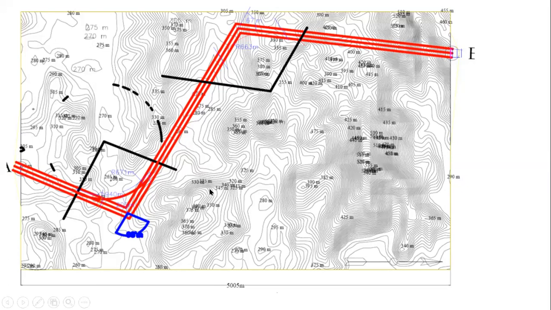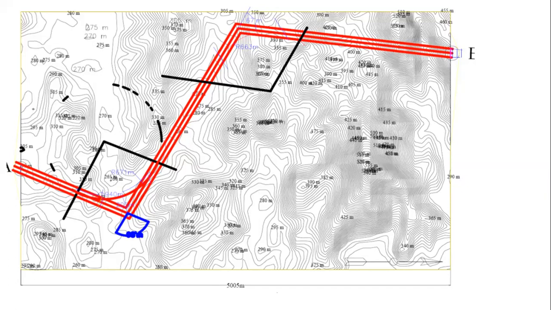This is always the check when you draw horizontal alignment: all the consecutive curves should be separated by 100 meters distance, and that's very important. So one of the checks is this.